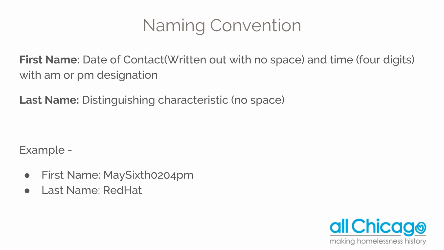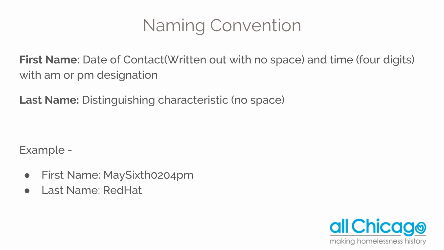Really allows us to know when you were doing your outreach and where. And of course the distinguishing characteristic should be something that is very apparent of the client, something that may not be changing. So if they consistently have a red hat every time you see them, or maybe they have a particularly long beard or whatever it may be, that's something that you would want to use as a distinguishing characteristic.